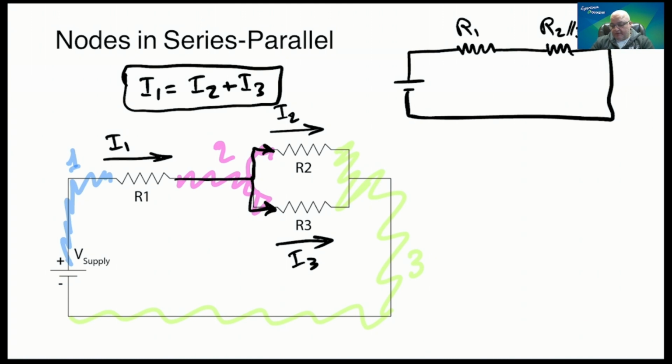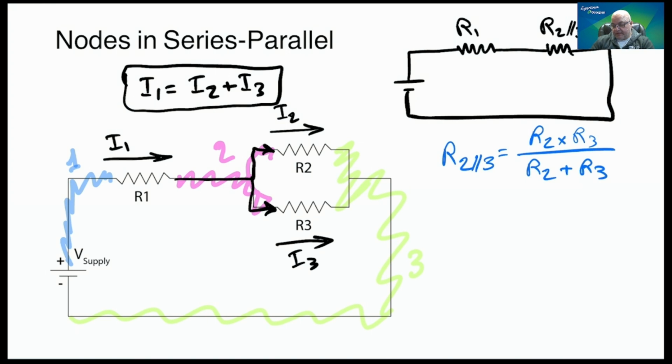Now, if we know that R2 and R3 are in parallel, what we can do, in reference to the lecture that we got, is say that the equivalent resistor of R2 and 3 is going to be equal to R2 multiplied by R3 divided by R2 plus R3.